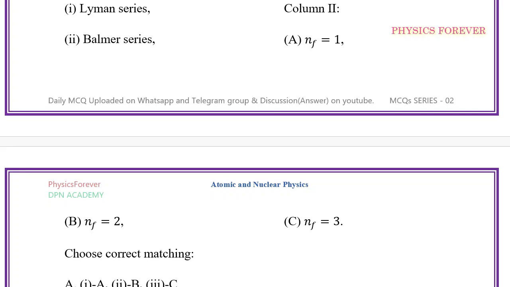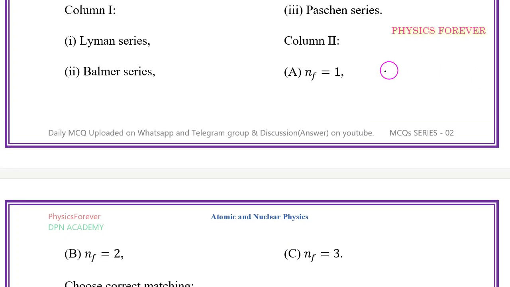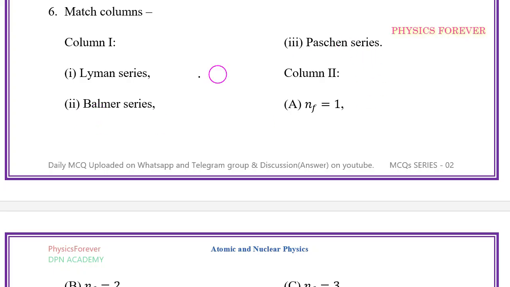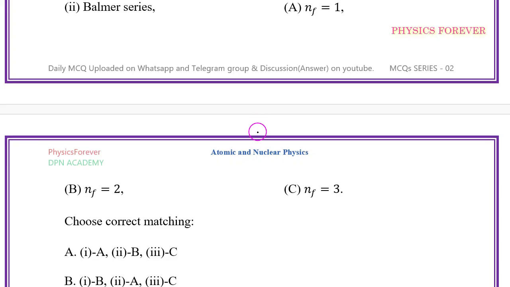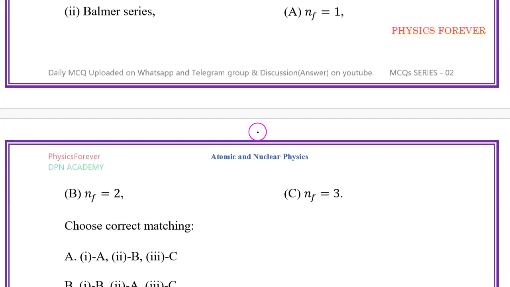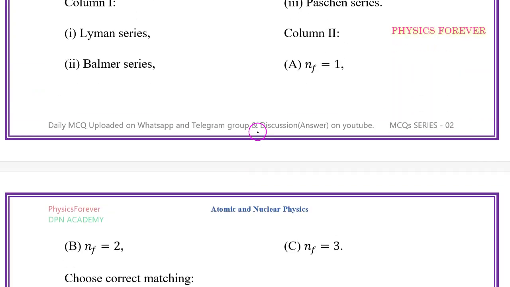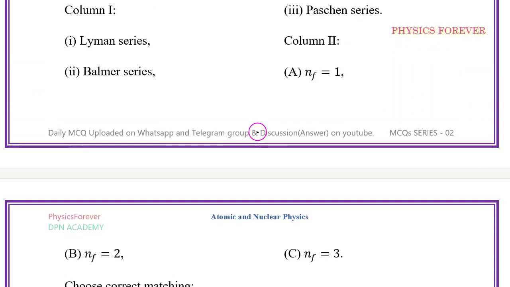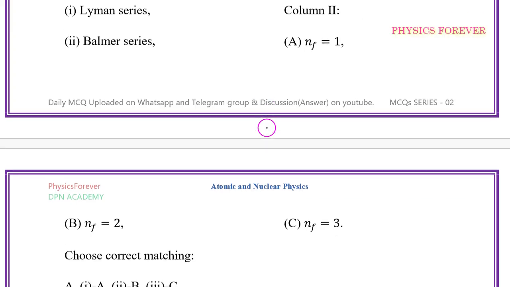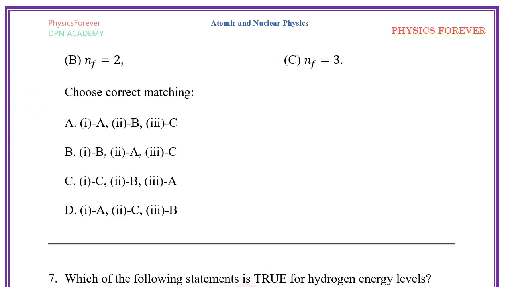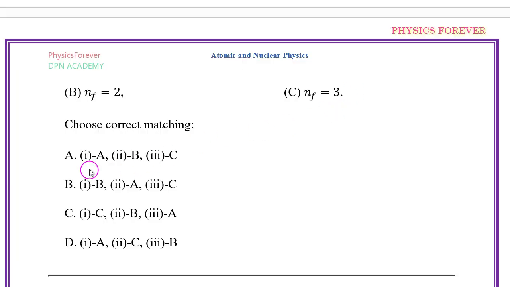Sometimes they ask like this. Here in column 1 we have the Lyman series, Balmer series and Paschen series. Here column 2, where is it, this one. So for the Lyman series, nf should be equal to 1, then for the Balmer series 2, then for the Paschen series nf equal to 3. Okay, so the correct option for this is option A itself.